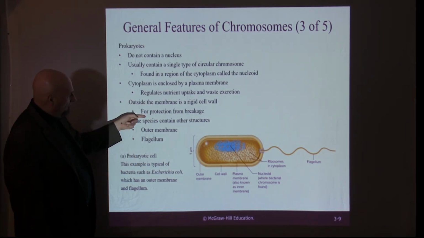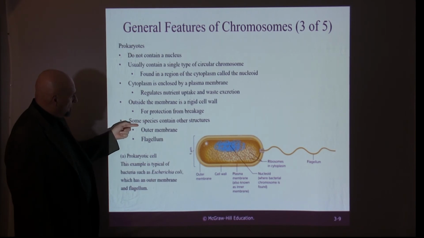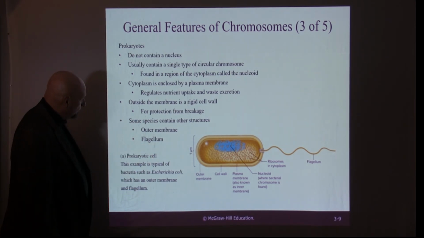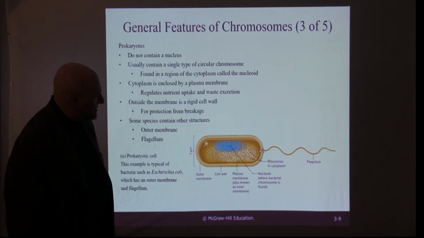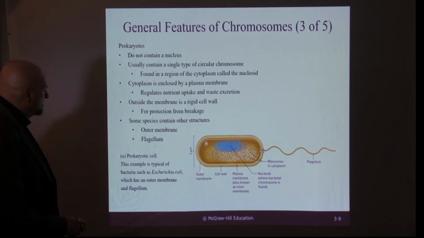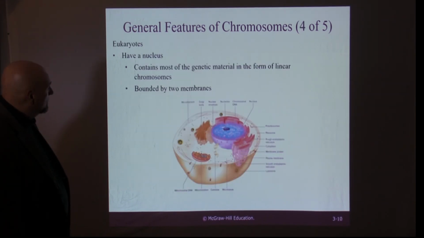Outside the membrane is a very rigid cell wall that protects it from breaking in the various environments it is exposed to. Some species contain other things like another outer membrane or a flagellum. So this is your prokaryote. Here's an E. coli representation of this particular one. It is about 1 micron in diameter, so only a couple of microns in length.